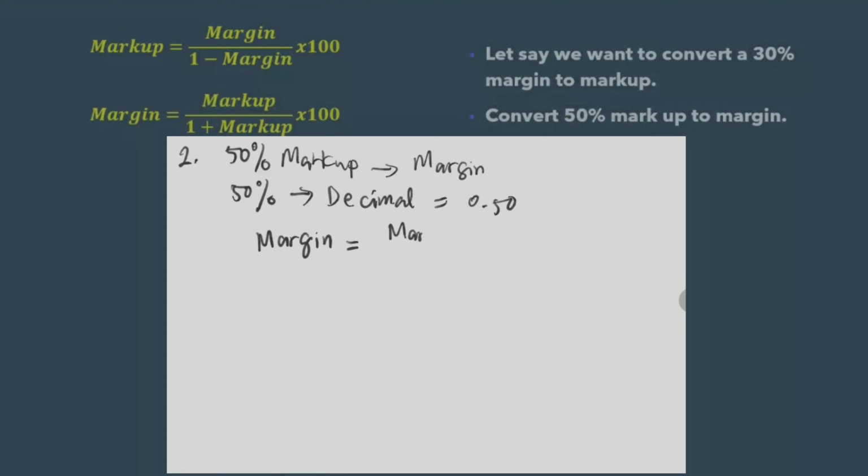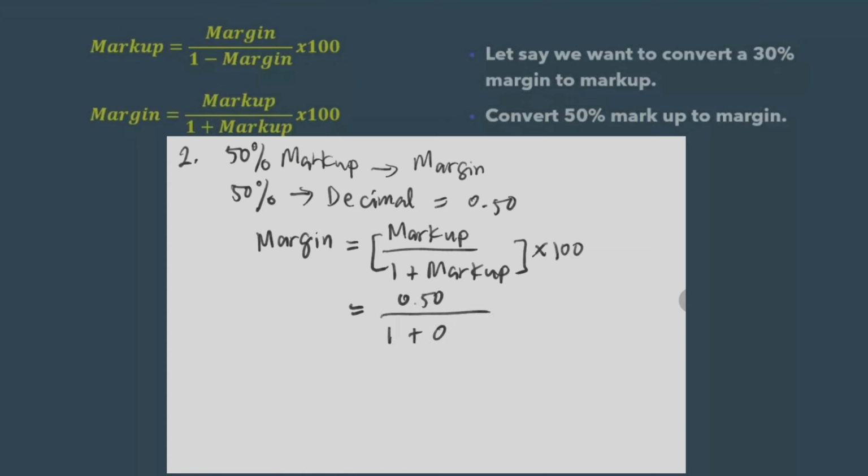Then after that, we can use na the margin formula. That is equals to markup divided by 1 plus markup times 100. After you write the formula, this time let us substitute the given. So markup is 0.50 divided by 1 plus 0.50 times 100.